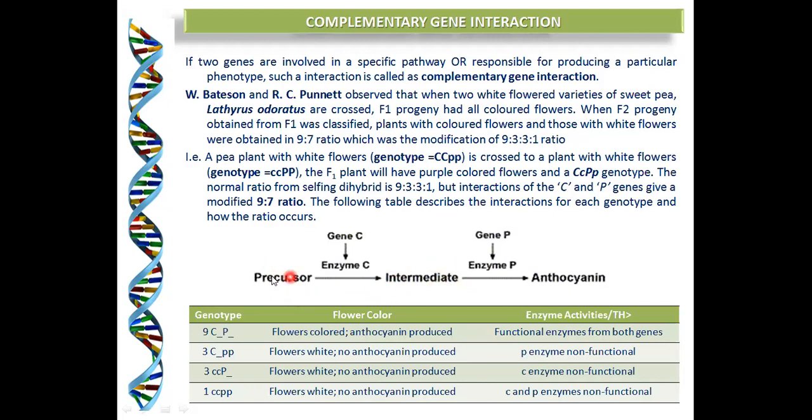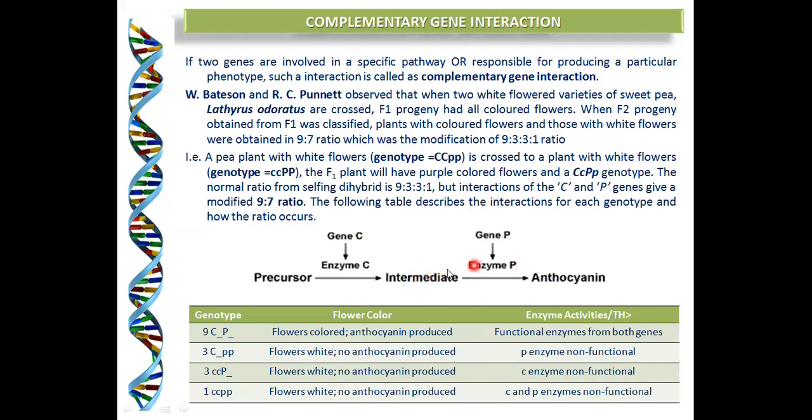So that precursor, that colorless thing, is changed to one color. What is that color? It may be white. Colorless, like water, now milk color. So how did that white color come? It came because gene C produced enzyme C, which acted on this precursor and created a material that was white.